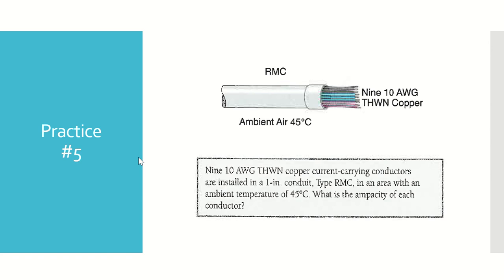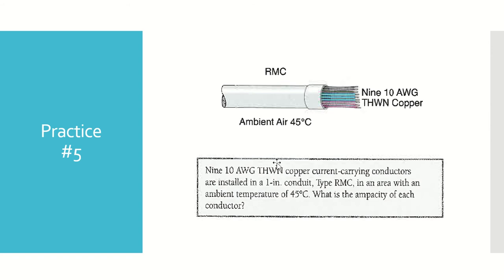All right, and we'll do one more together. This time we're going to have to use both of the tables. 9 number 10 American wire gauge THWN copper current carrying conductors are installed in a 1-inch conduit. Again, it's another rigid conduit in an area with a temperature of 45 degrees C. What is the ampacity of each conductor?